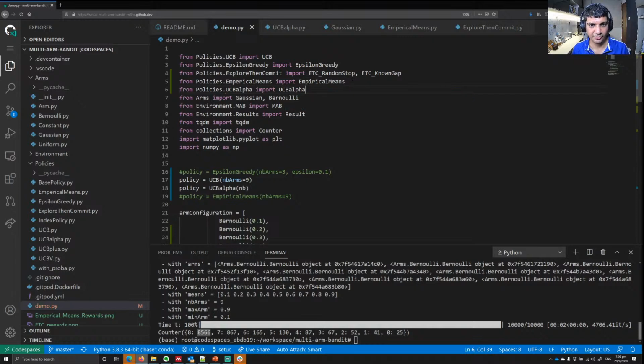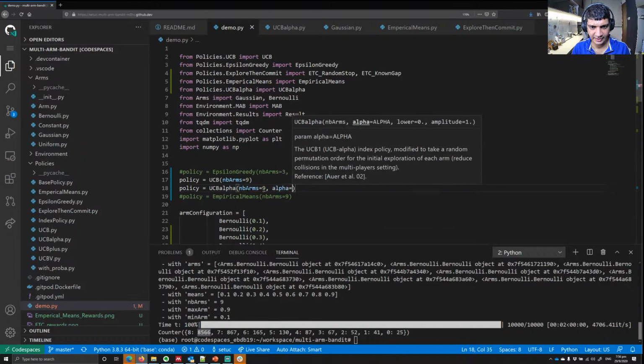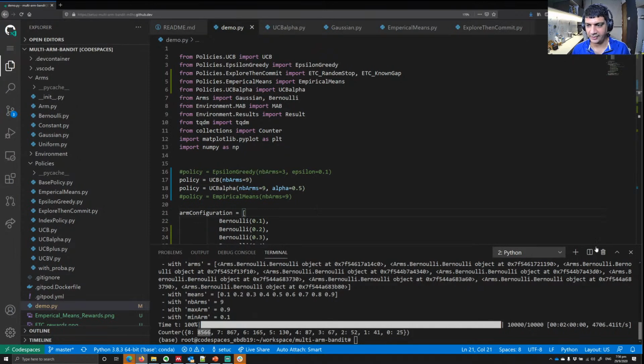So I've imported this, and then I'm going to pick the arms, tell it that it has 9 arms, and then my alpha value, I'll set it to 0.5. So this is the same UCB, but instead of the value 2, I'm picking 0.5. Let's play with this.